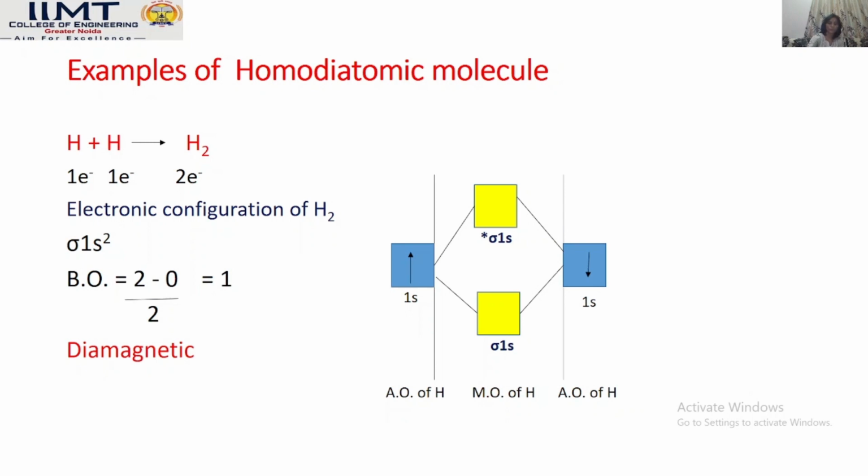Both electrons are filled in sigma 1s. The electronic configuration of the hydrogen molecule is sigma 1s2. Bond order is equal to the number of electrons in bonding, which is 2, minus the number of electrons in antibonding, which is 0, divided by 2, which is equal to 1. And since all the electrons are paired, it shows diamagnetic nature.